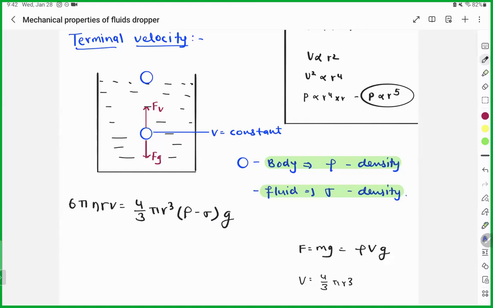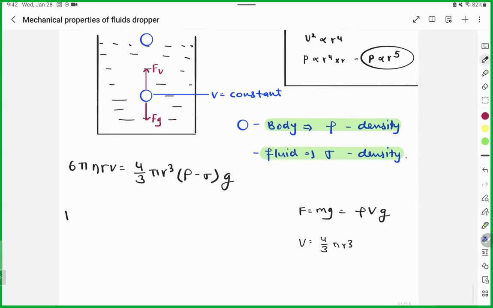Okay. Reason why? Because in this case, your viscous force will be equal to, in the downward direction there will be the weight of the body, and in the upward direction there will be the buoyant force.